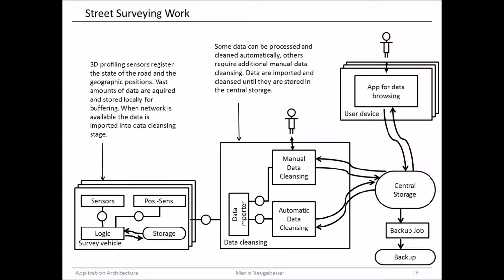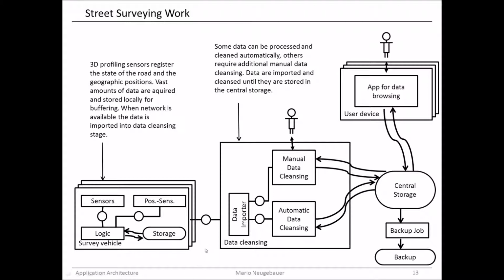And the centralized application here consists of two parts mainly. The first part is this preparation phase where you can do data cleansing, for example, and the other part is the part for storing the street surveying data.